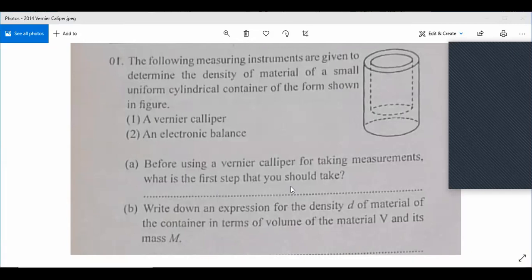Please write: external jaws are kept in contact and it is checked whether the instrument has a zero error.